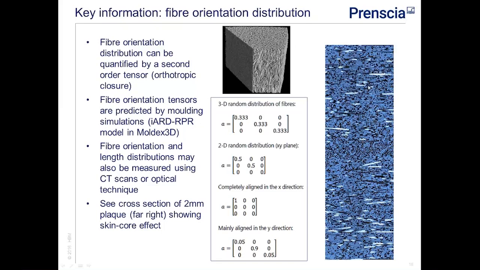So if we look at the aspect ratio of the ellipses that these fibres make when we cut through them, we can tell what their orientation is. So I think you can see clearly here that there's something different going on in the central region of the plaque, where the fibres are aligned transverse to the flow direction compared to the rest of it. So that's the skin core effect.